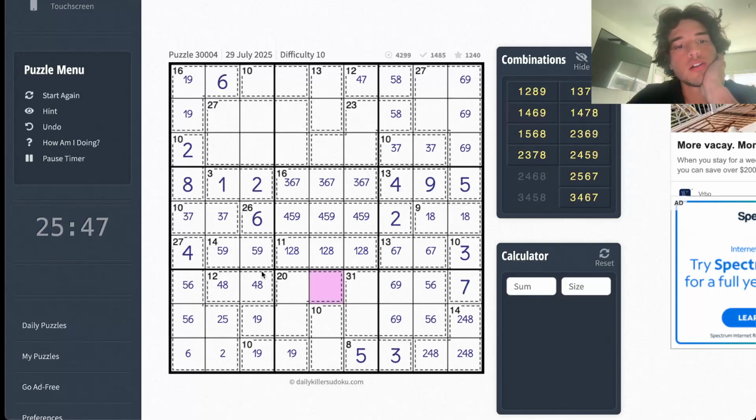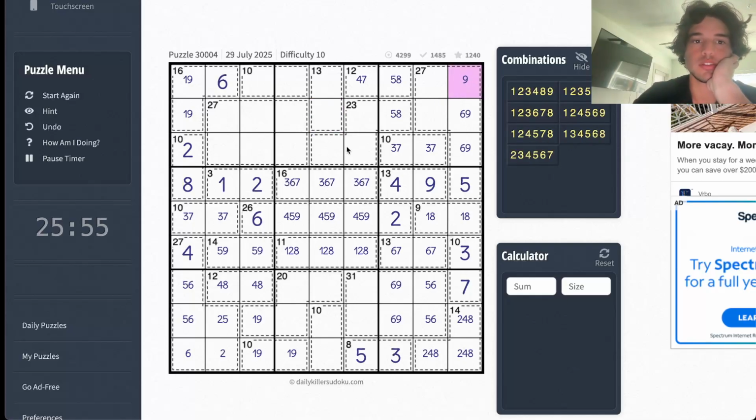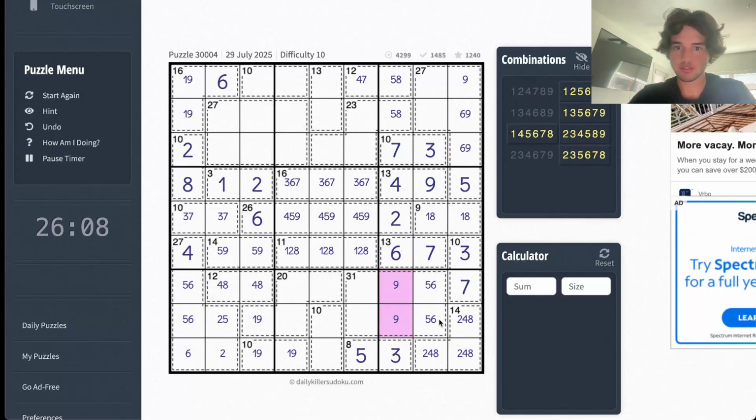And now, okay, 6 still eliminates that. You eliminate the 4 and 6. Oh, 3 is removed from there. 7 removes the 3. 7 and 6. 6s go there, so it's a 5 6 and a 1 9 pair there.